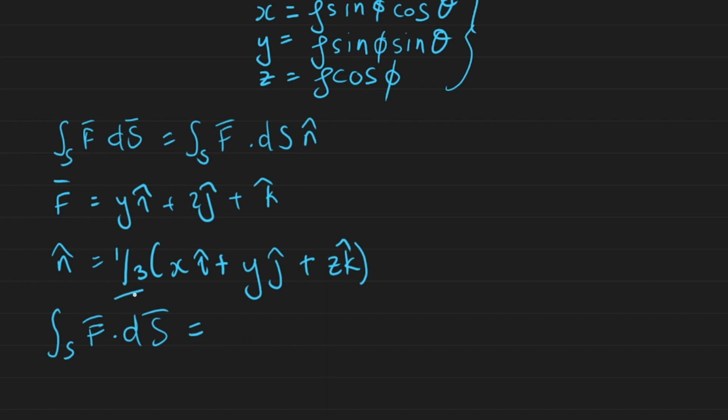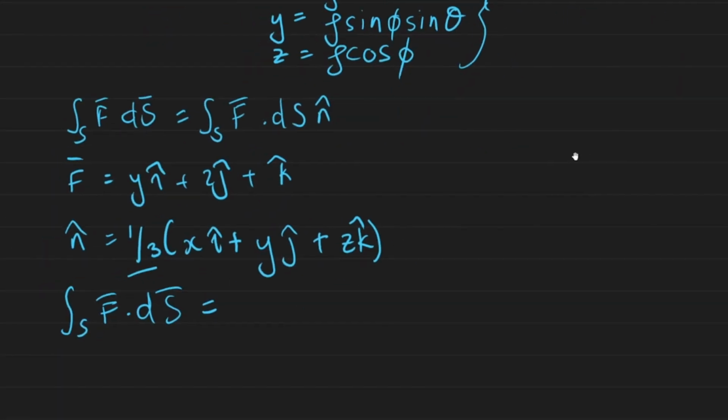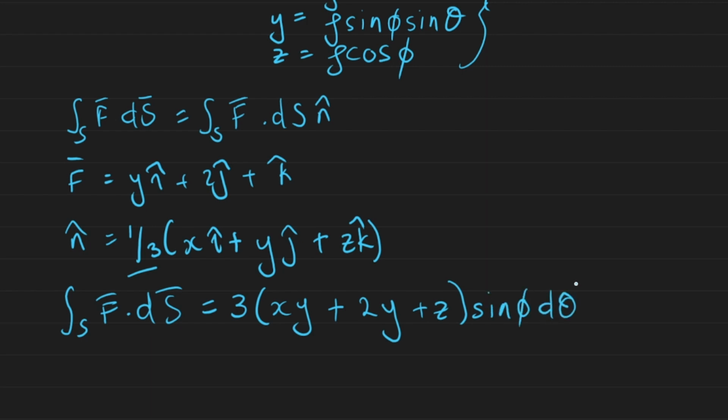So we have 1 over 3 multiplied by 9. That is just 3. So we have 3 into xy plus 2y plus z, and then multiplied by ds, which is sine of phi d phi d theta.